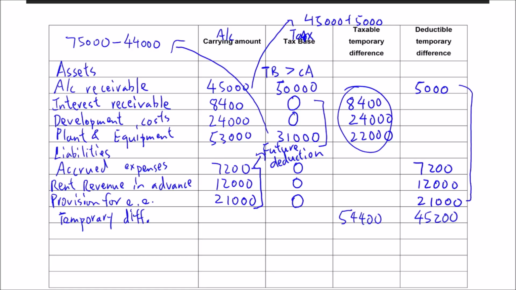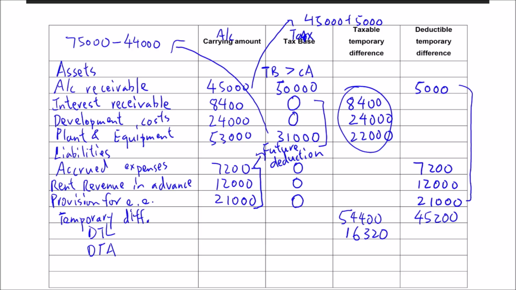And you all know that taxable temporary difference will become DTL. Deductible temporary difference will become DTA. So after that, you're going to write down the DTL and DTA. For both of them, you multiply by 30%. So 30% of 54,400 is 16,320.